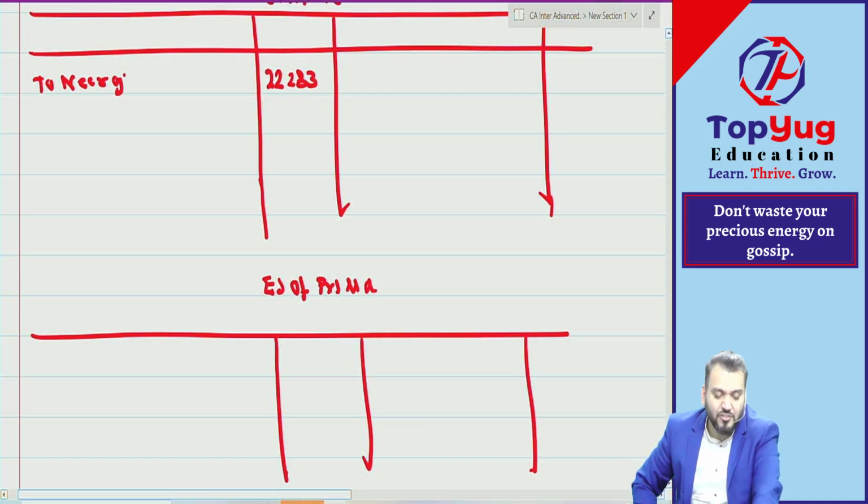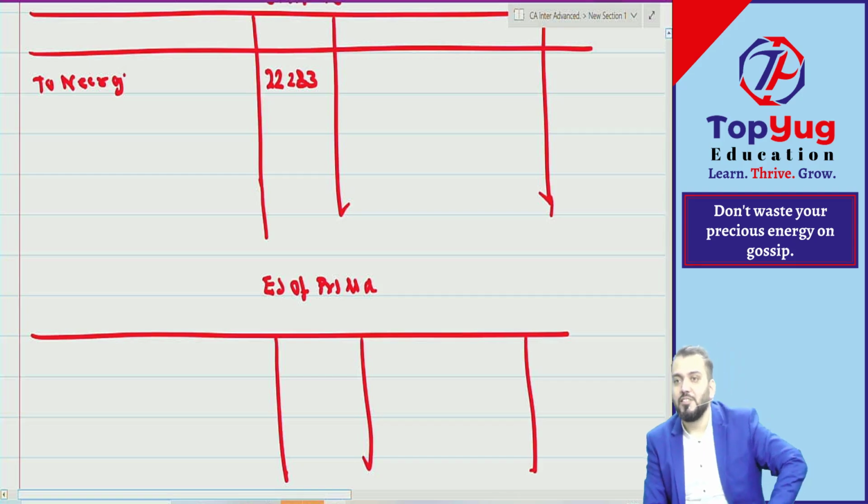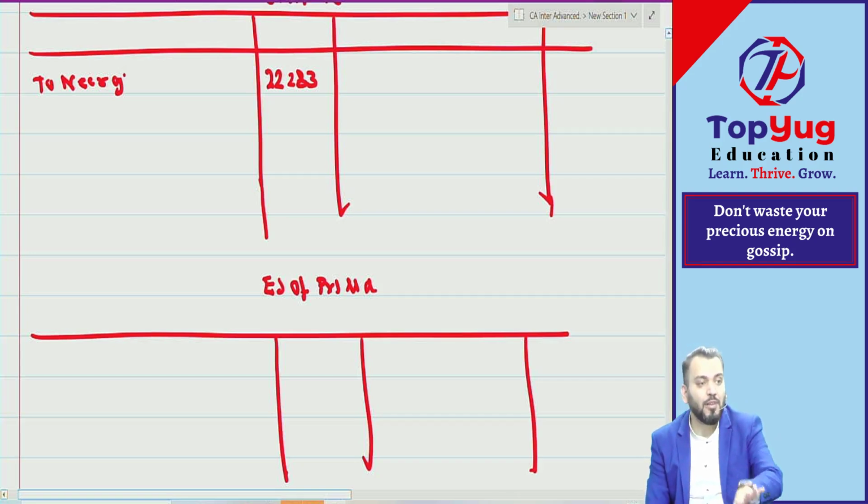That purchase consideration will be discharged in equity shares of rupees 10 each. PC will be discharged in equity shares of rupees 10 each. Means I have added one point. If the question is silent, you can assume cash.